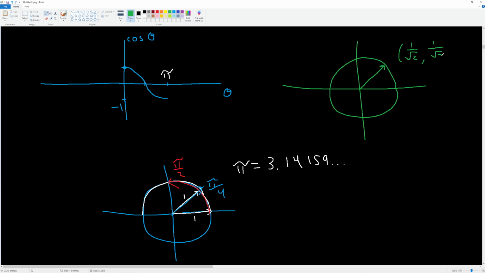Of course, sine and cosine need to be the same here because there's symmetry in this drawing. This length over here needs to be the same as this length over here. If you turn your head by 45 degrees, the whole picture is symmetrical, so these lengths have to be the same. So they come out to 1 over root 2, 1 over root 2.